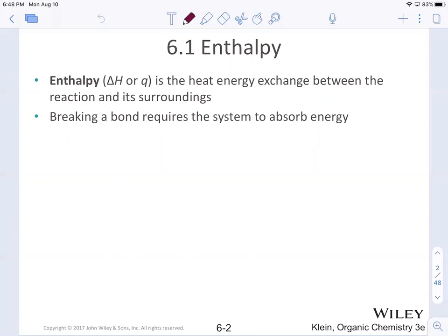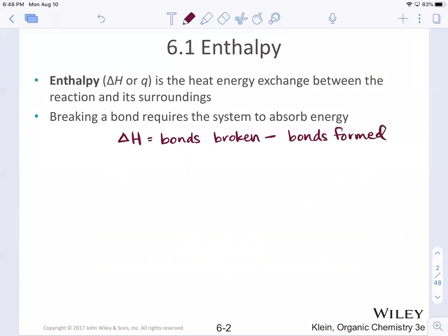You might have done it in calorimetry. You might have talked about it with Hess's law. What we are going to be able to use is the idea of delta H as it relates to bonds breaking and bonds formed.